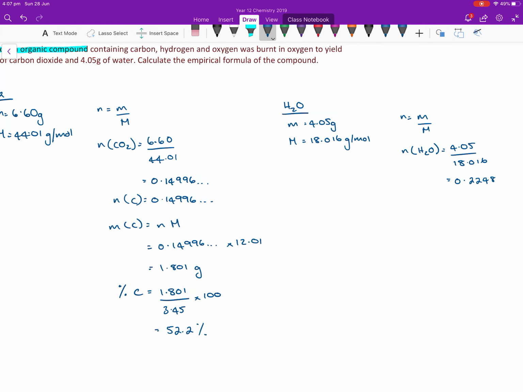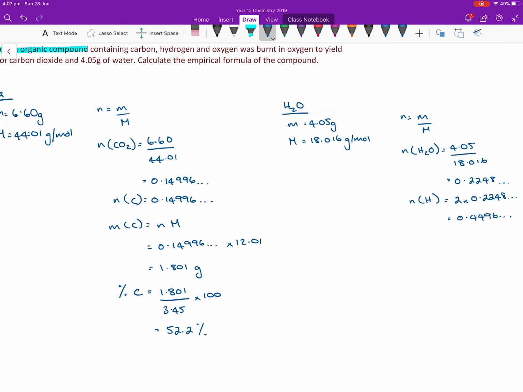Now in water, there's 2 hydrogens in every water, so our moles of hydrogen will be double the moles of water. So now we've got 0.4496, etc. moles of hydrogen.